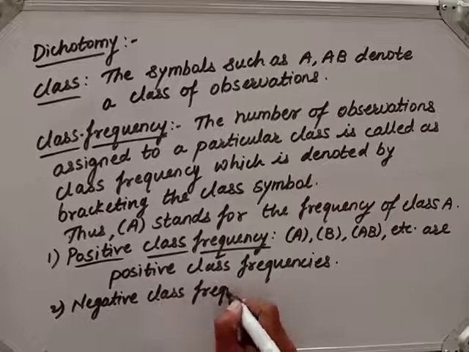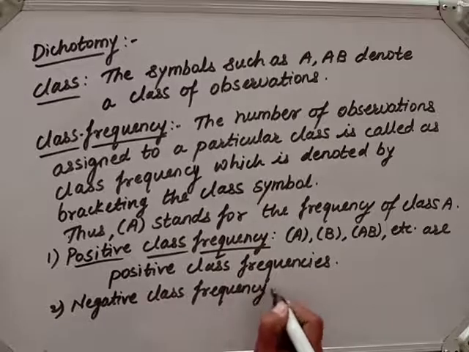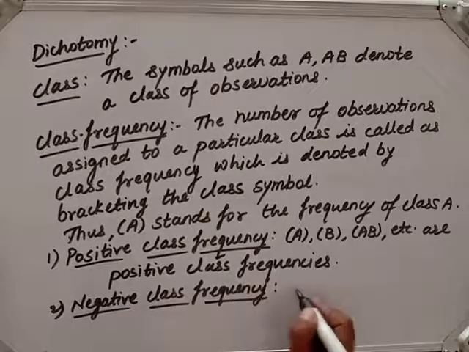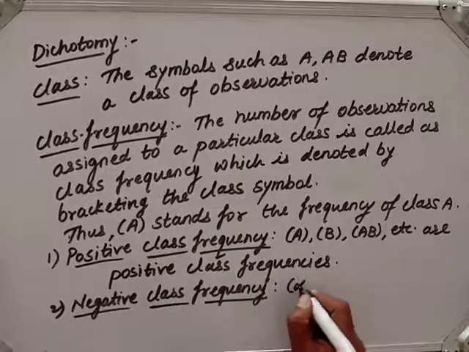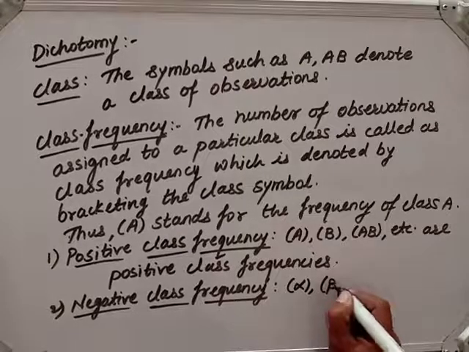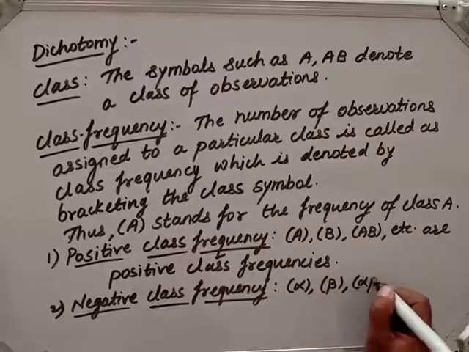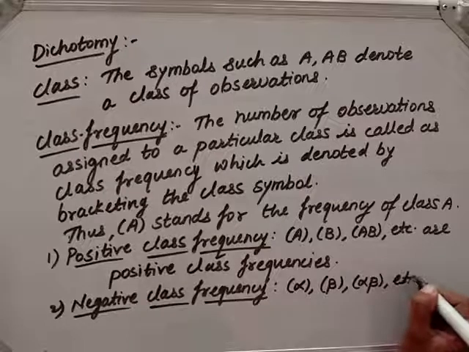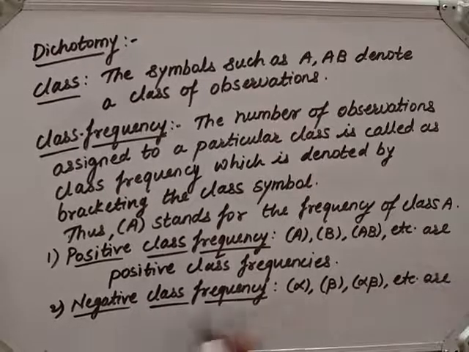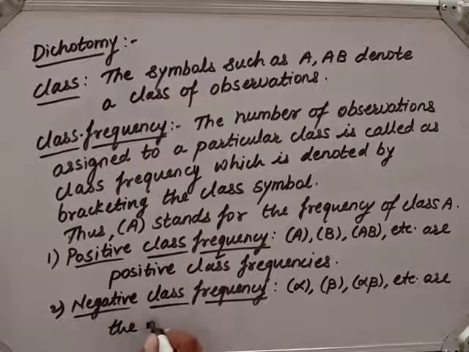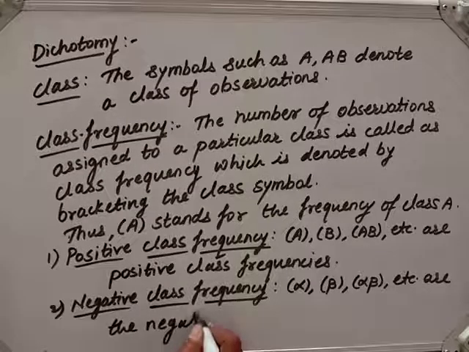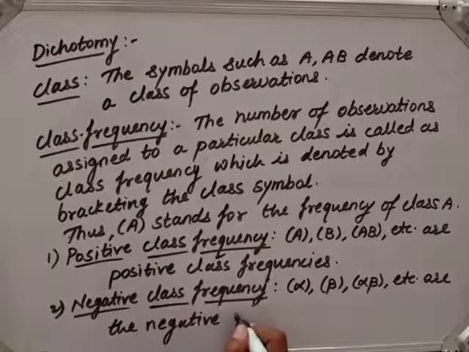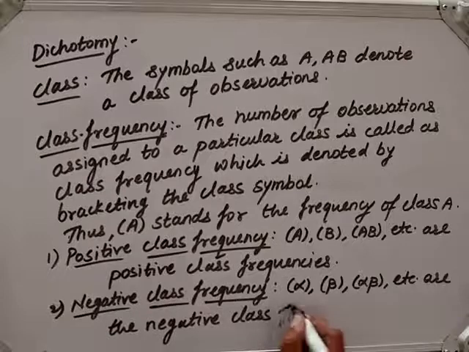Here alpha, beta, etc. are the negative class frequencies.